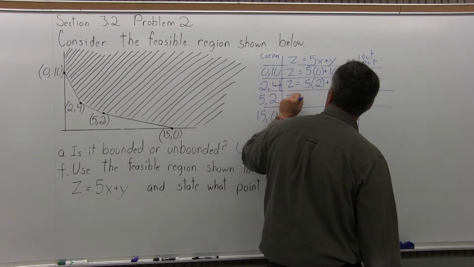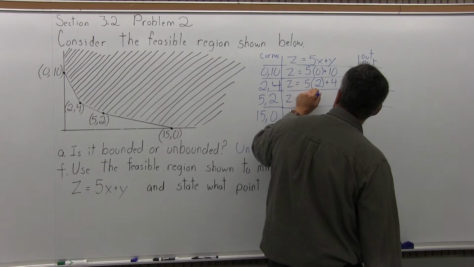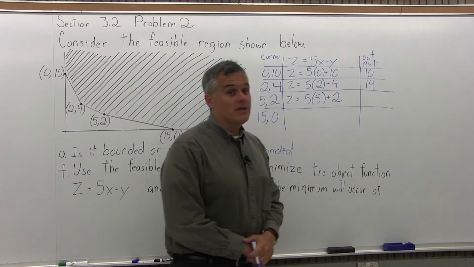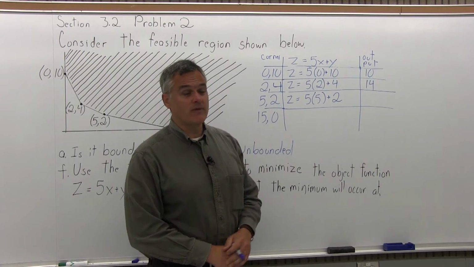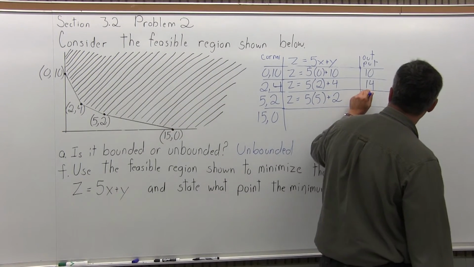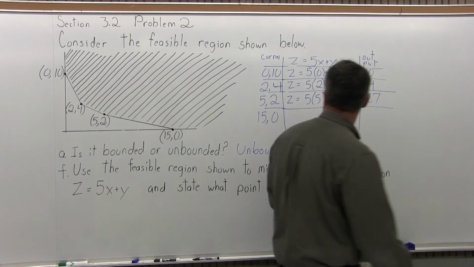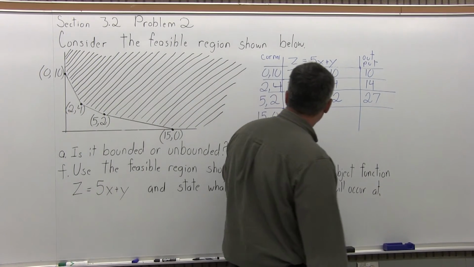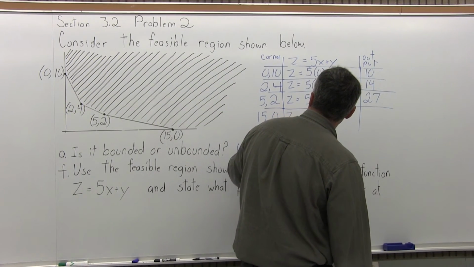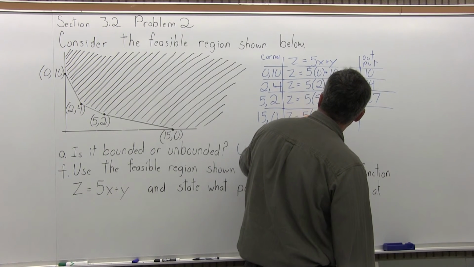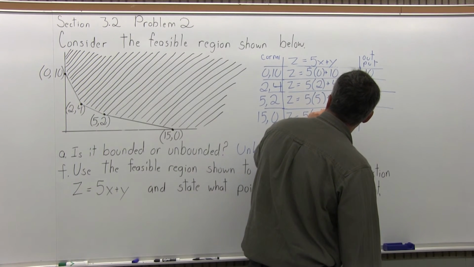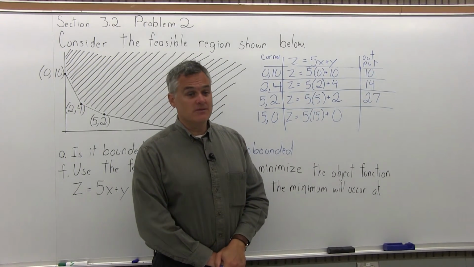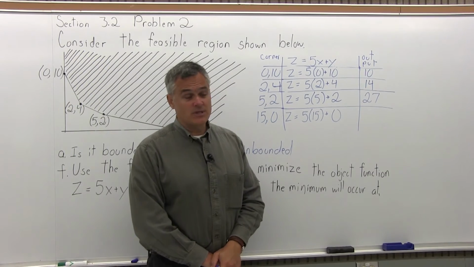So z equals 5 times x becomes 5 times 5, plus y is plus 2. 5 times 5 is 25, and then 25 plus 2 more is 27. And the last one is 15, 0. So the object function will be z equals 5 times x is 5 times 15, plus y is plus 0. So 5 times 15 is 75, and then you add 0. 75 plus 0 is 75.